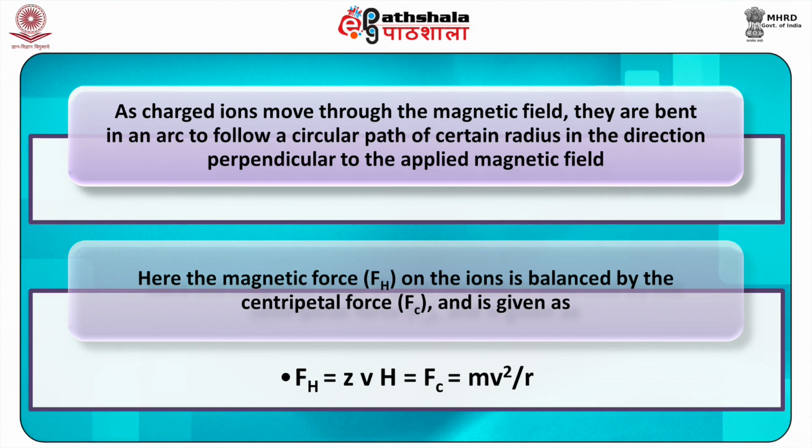Here, the magnetic force Fh on the ions is balanced by the centripetal force Fc and is given as Fh equals the product of charge of the ion into velocity of the ion into magnetic field, which is equal to the centripetal force Fc, which is equal to mass into square of velocity divided by r.